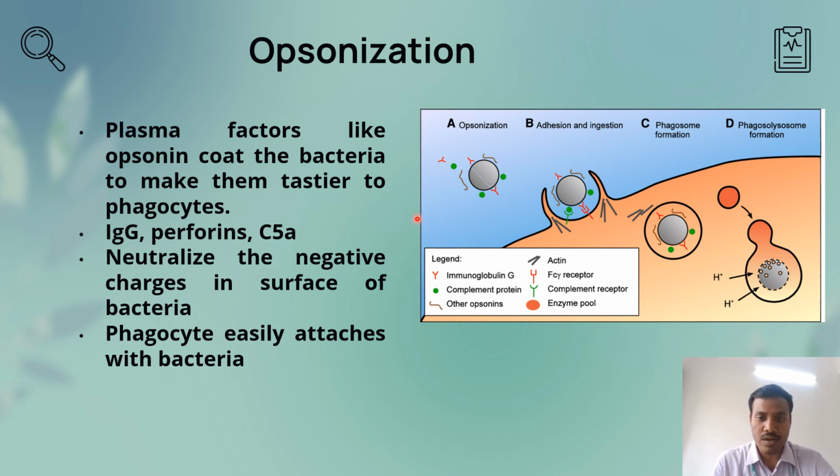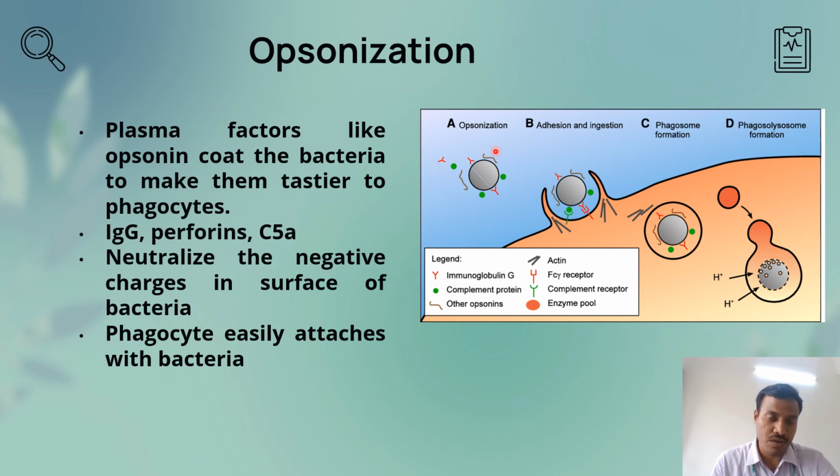So basically what they do, this is the bacteria. These are all the complement and immunoglobulins and perforins. They coat surrounding the wall of the foreign antigen, which makes the foreign antigen tastier for the phagocytes. So they neutralize the negative charge on the surface of the bacteria.